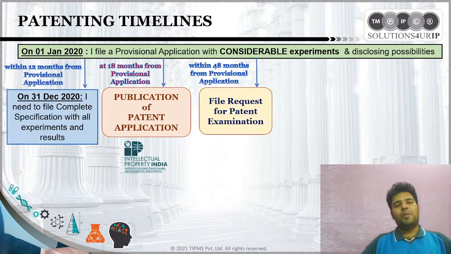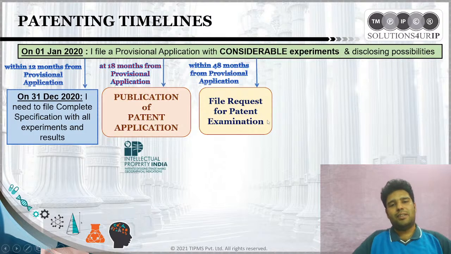With the complete patent specification, you file form 1, form 2, form 3, form 5. You file everything, and also file form 9, and also file this particular request for examination, which I will say right now: request for patent examination. You file everything on the same date.